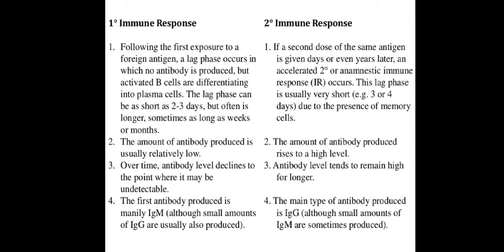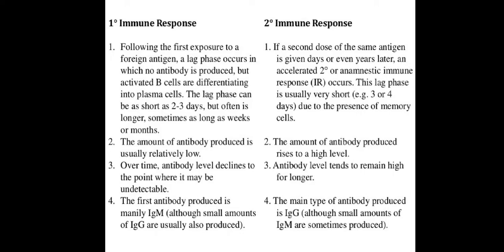With regard to secondary immune response, since the B cells are already exposed to this particular antigen, they take little time. So the antibody response will be faster, and the antibody type will be mainly IgG.